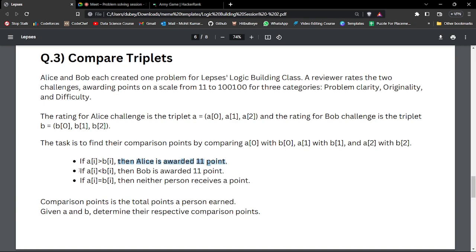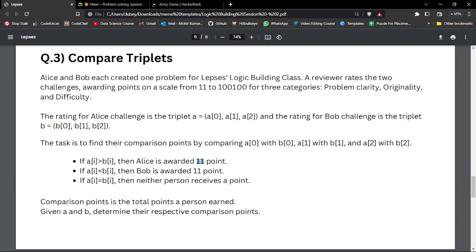Just make a note of one thing, that we have a mistake here: this is not 11, it is 1, and this is not 10100, it is 100. So the rating is from 1 to 100. And Alice is awarded not 11 points but 1 point. There is a repetition of 1.